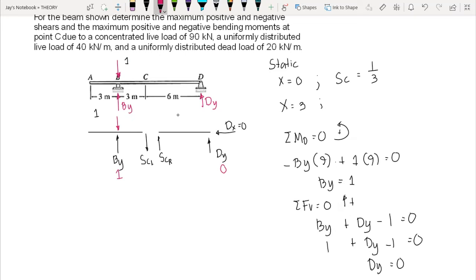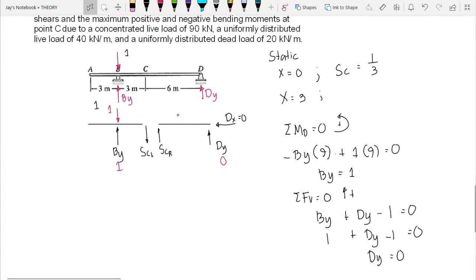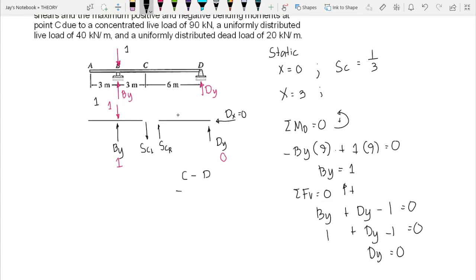Since our 1 unit load is still on the left side of C, we will be considering the right free body diagram. So we will again consider the section C to D. In this case, we sum up forces vertical equal to 0, upward forces positive.